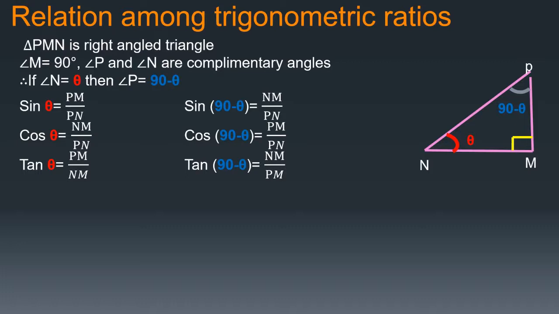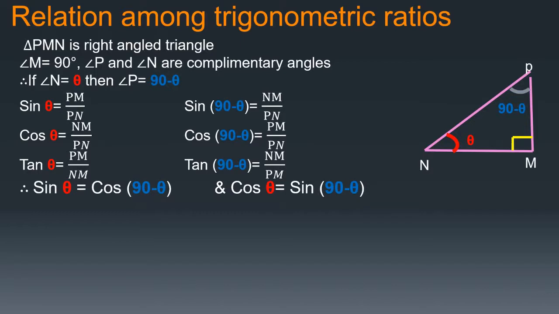So we can conclude that sin theta is cos 90 minus theta and cos theta is sin 90 minus theta. So there is a relation between sin theta and cos 90 minus theta, and cos theta and sin 90 minus theta. The relation is that sin theta is equal to cos 90 minus theta and cos theta is equal to sin 90 minus theta.